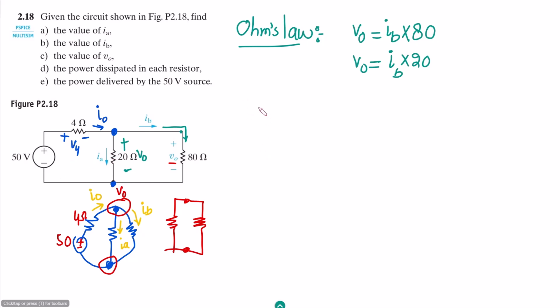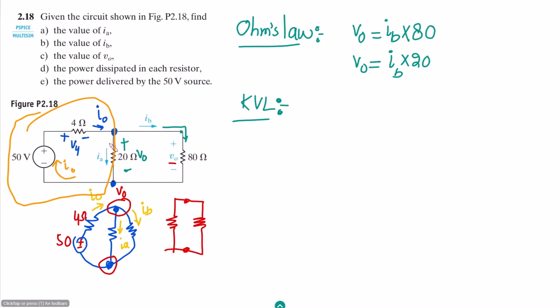The second law we are going to apply is Kirchhoff's voltage law. So what is KVL? Let me look at this loop. Let me have this current which is I0. It is entering through this negative terminal, coming out of this positive terminal. So this is the voltage rise. Here it is entering through this positive, coming out of this negative.